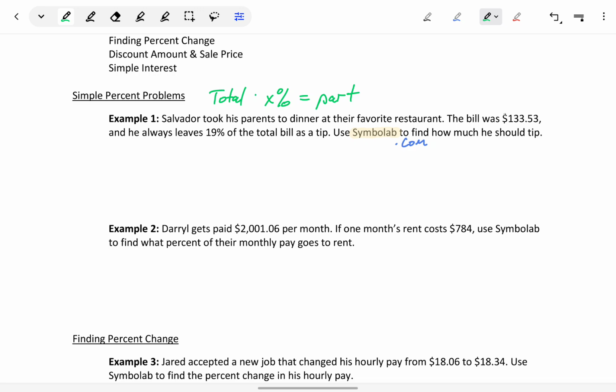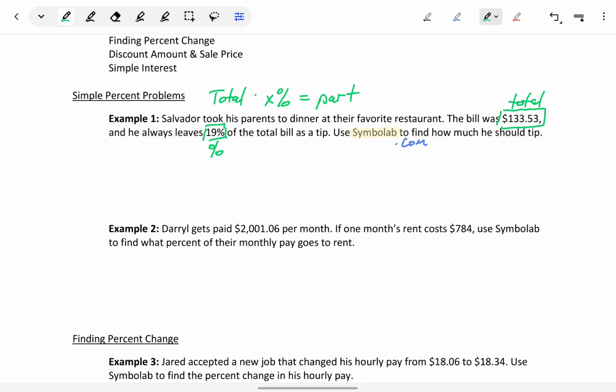In this case, we have the total bill, which was $133.53. So that's our total amount. We know that he's going to want to tip 19%, so that's our percent. And then there's some part, and in this case, that's the missing piece of information. How much is he going to tip?